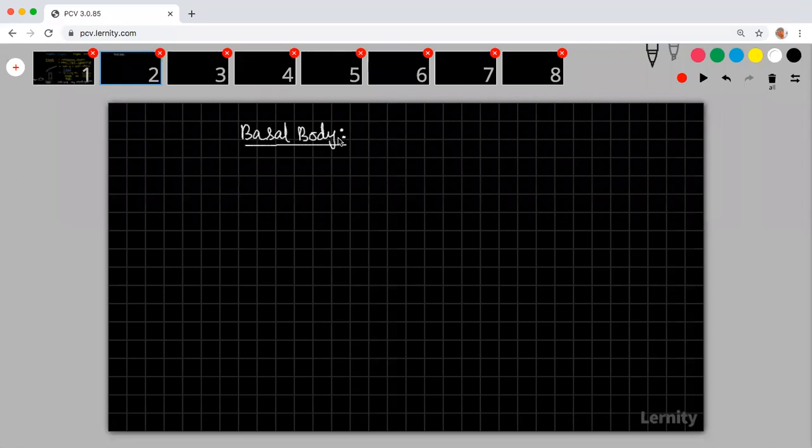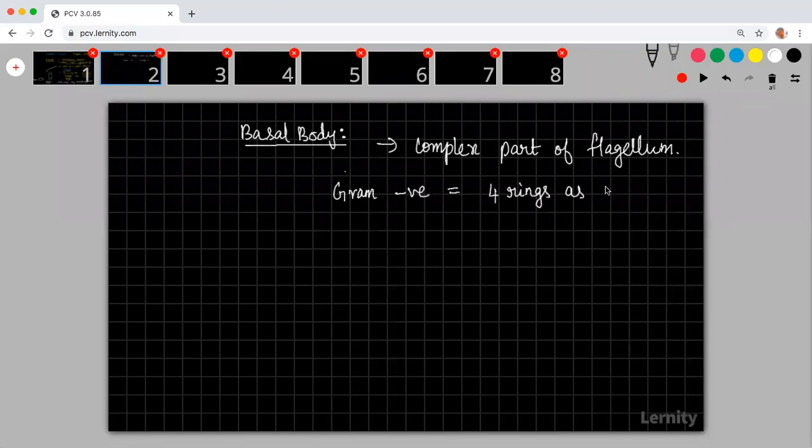The basal body is the complex part of the flagellum. The gram-negative bacteria will have 4 rings as basal body.